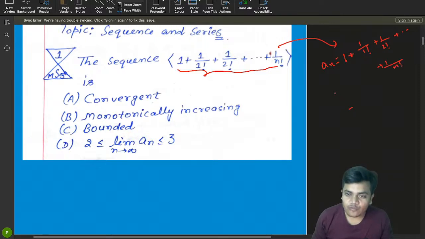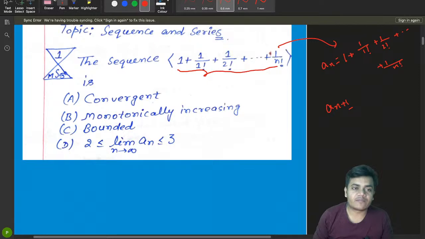Similarly we can write an plus 1. For an plus 1 we will just go one step ahead. So an plus 1 is 1 plus 1 over factorial 1 plus 1 over factorial 2, and so on up to 1 over factorial n plus 1 over factorial n plus 1.